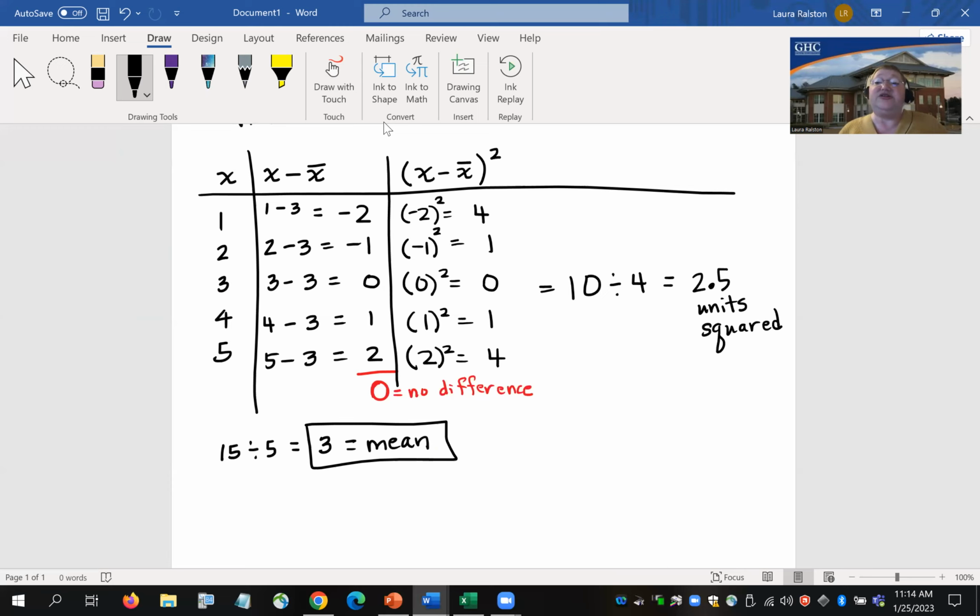You'll see this used a lot in things like psychology, sociology, any kind of standardized testing where you want to compare how an individual has performed against what they call the norm or the national norm. So it allows us to compare a single data value to the population. It also allows us to compare data values from one data set to another data set.